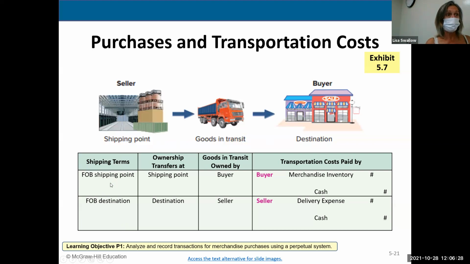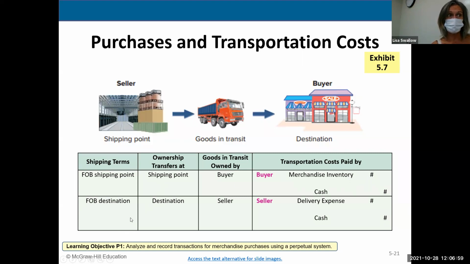If it's free on board shipping point, the person buying it pays for it. And the ownership transfers the minute that inventory hits the warehouse dock in inland China. So I have to insure it while it's in transit. I've got to take care of it. I've got to pay the freight, and that all goes right into inventory, into my asset account.